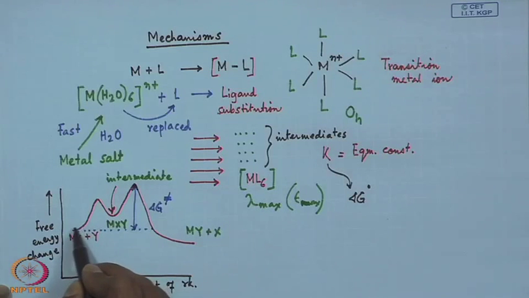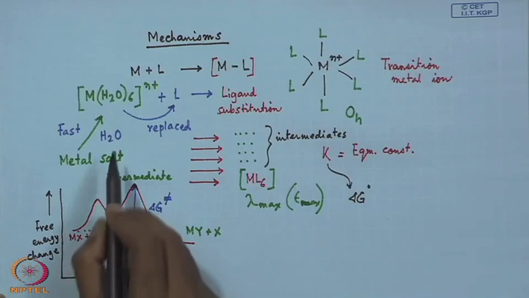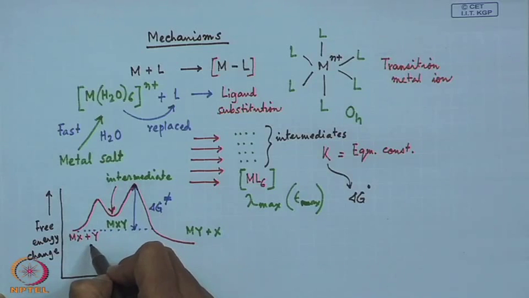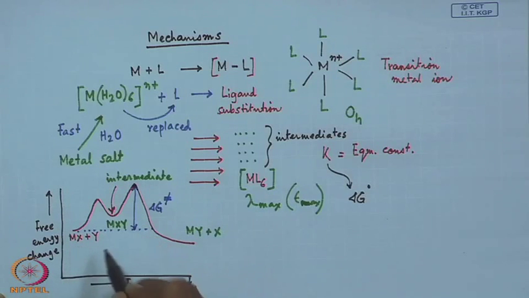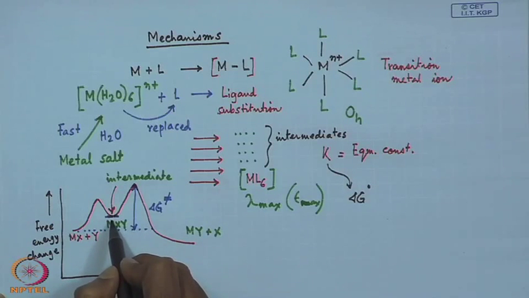So, for this particular reaction, whether it is the replacement of the water molecule by L or replacement of X by Y, we see that it crosses one small hump and approaches some intermediate. When this intermediate is formed, it has sufficient stability and can be detected at this point. If a suitable technique is available, we can detect the presence of MXY through some kinetic experiment.